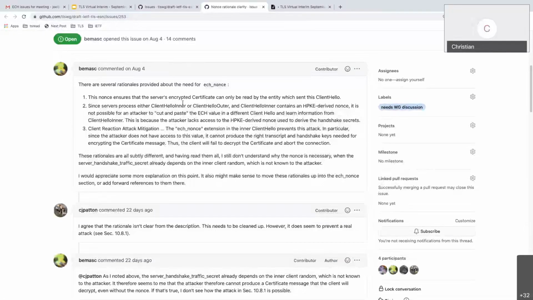That would not happen if the 8 bytes were somehow constructed so that they could not be guessed by a third party. But maybe I'm just over concerned.